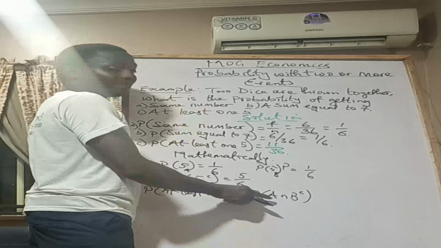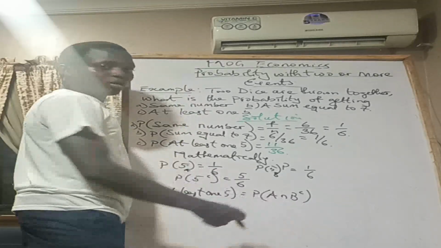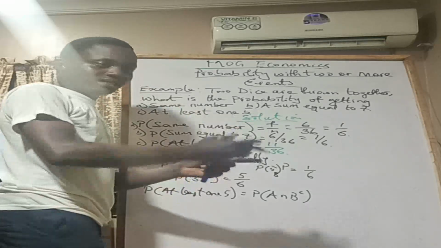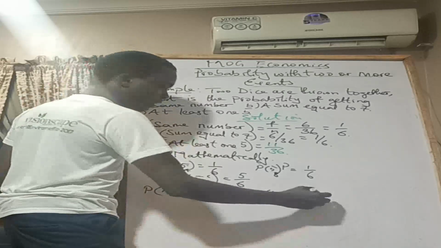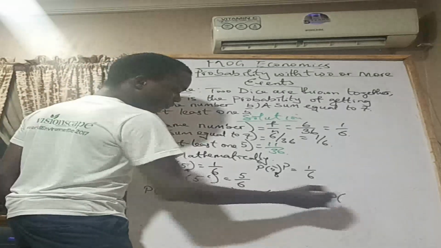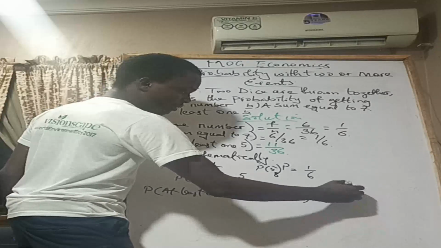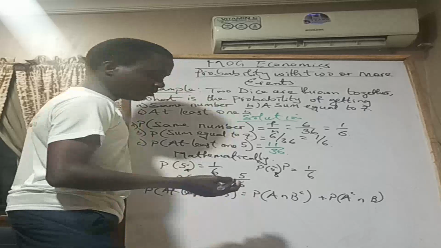So here you have a 5 on die A, but you don't have a 5 on die B, because you are rolling 2 dice. Then plus the probability that you don't have a 5 on die A, A complement, intersection you have a 5 on die B. You understand?